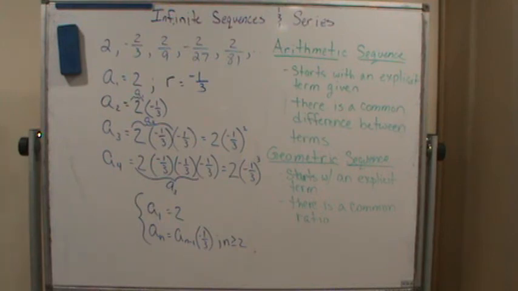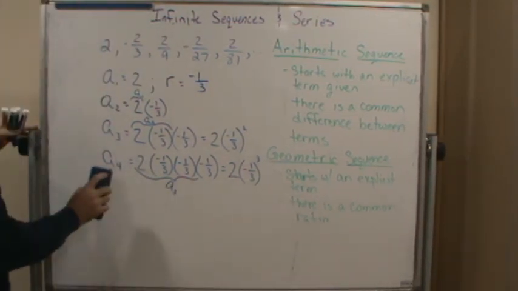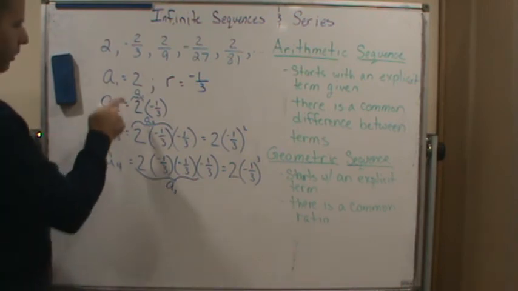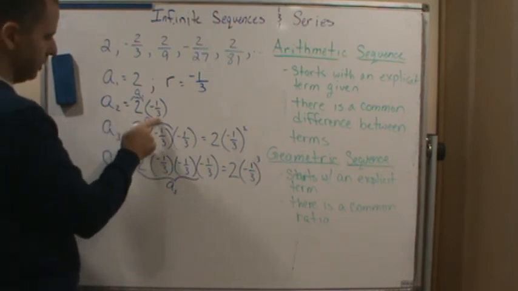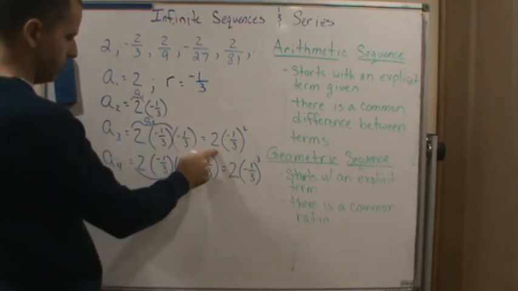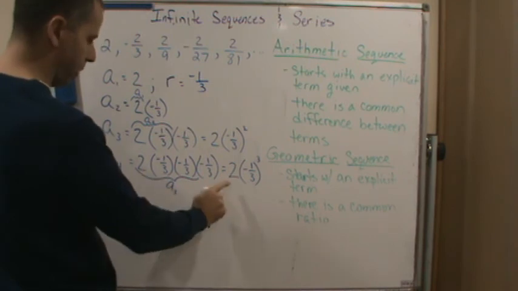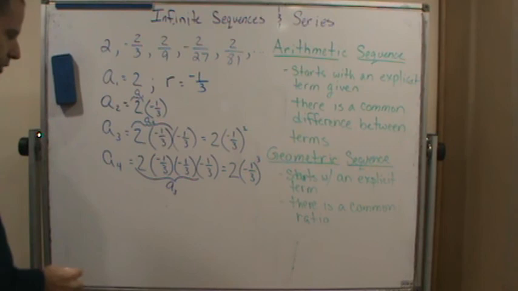Okay, how can we define this with an explicit formula? Well, again, we go back to the pattern and we see, what's going on here? We've got 2 here, and then 2 times negative 1/3, and then 2 times negative 1/3 squared, and then a sub 4 is 2 times negative 1/3 to the 3rd.